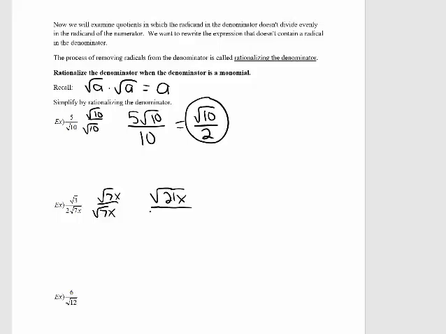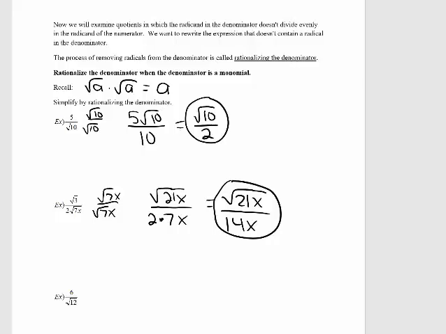On the bottom, I have the 2. Well, the square root of 7x times the square root of 7x is 7x. And then I'll rewrite the numerator. And on the bottom, 2 times 7x is 14x. Again, I cannot simplify because I have a radical in the numerator and I do not have a radical in the denominator. So I cannot simplify any further here.